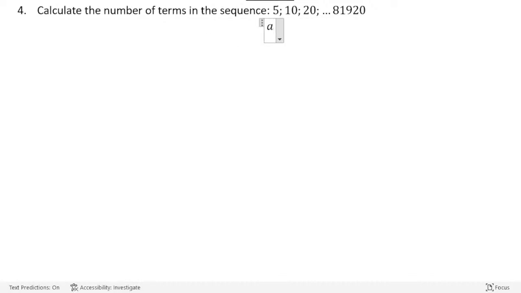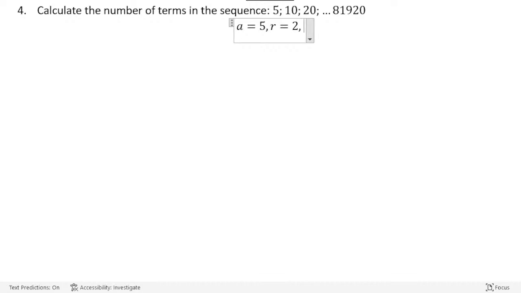All right, so this is a geometric sequence. So we have a is equal to the first value, 5 in this case. Then we have r is equal to successive term divided by previous term, so r is equal to 2, right?